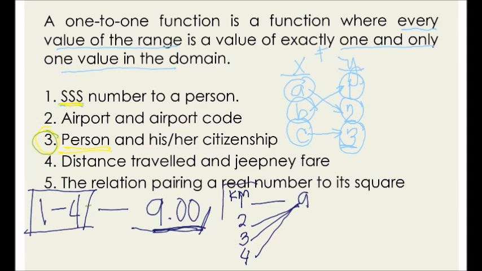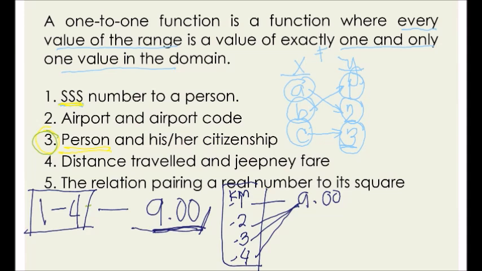This is a function. However, it is not one-to-one since we have 1, 2, 3, and 4 having the same amount of fare. That's why it's not considered a one-to-one function anymore.